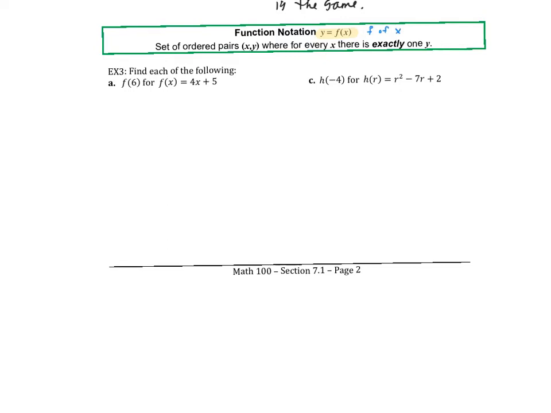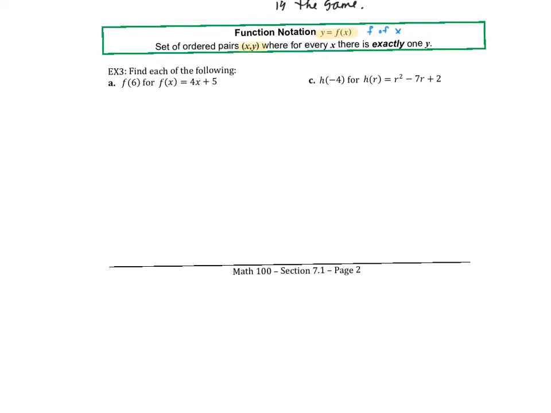It is not f times x. The parentheses do not indicate multiplication. What that's telling you when you use the letter f, or we'll find that you can use other letters like g or h and so on, is that this is not just an equation, this is a function. So a function is a special equation that has special properties, and the properties are below.